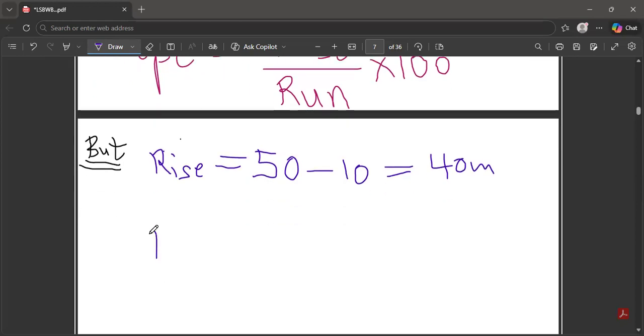Also, our run is equal to 75 meters we calculated just earlier.